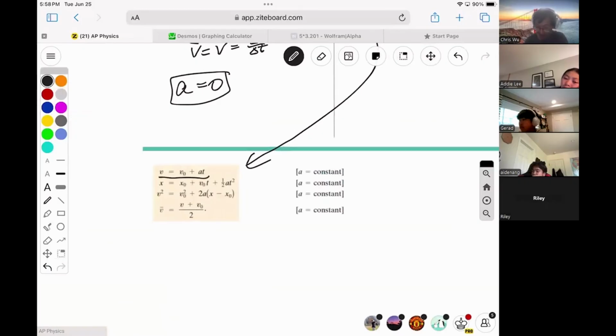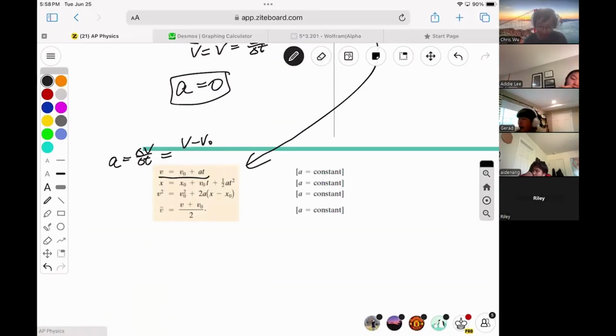First is this one. This is very easy to understand because we define a to be delta v over delta t. Then delta v is simply your v2 minus v1. Here they use v and v0, so let's do that. So this is simply v minus v0. v0 means the initial speed, or the speed you started with, and this is your final speed.